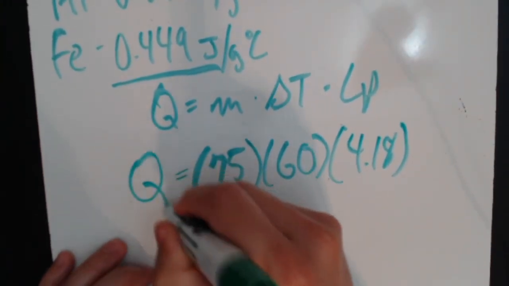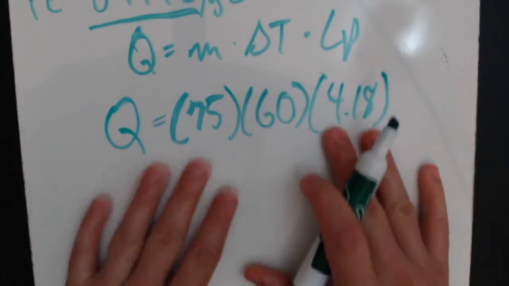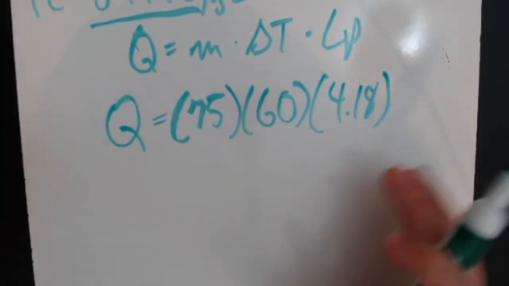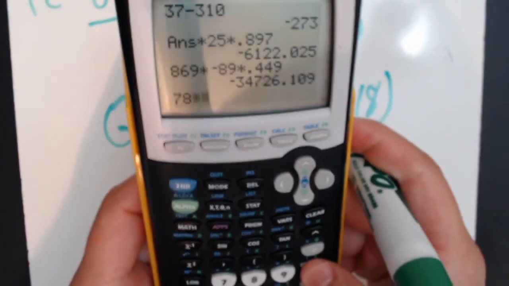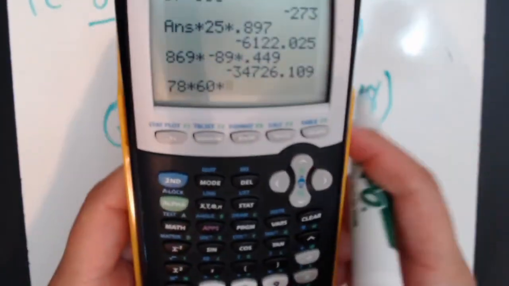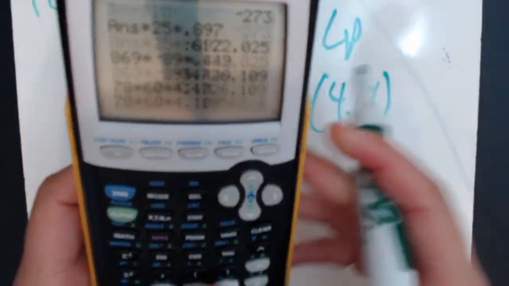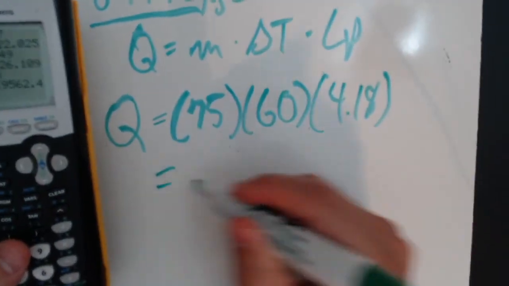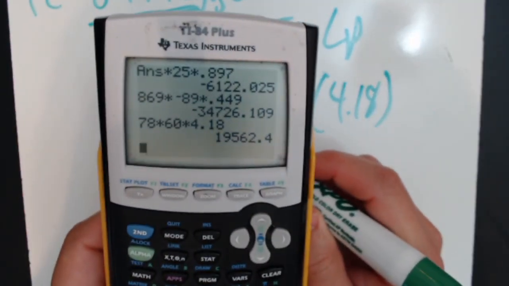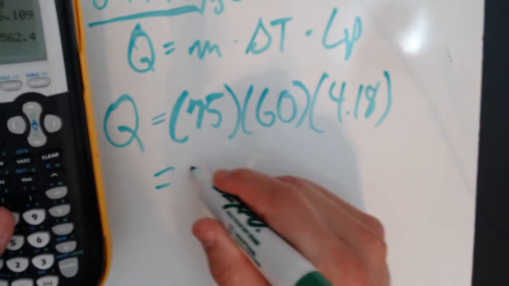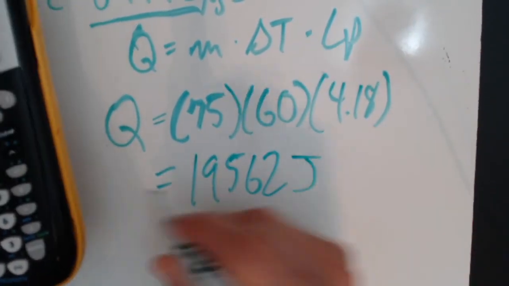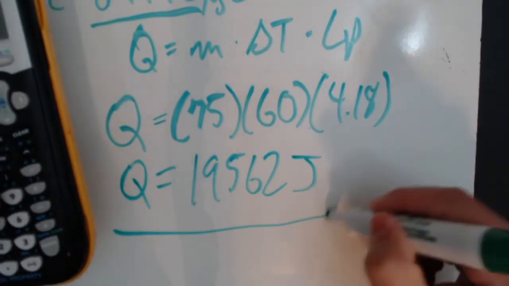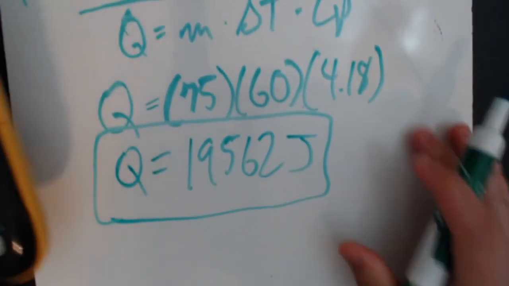So how much energy is transferred? All you've got to do is multiply. 75 times 60 times 4.18. And I get 19,562 joules. There you go.